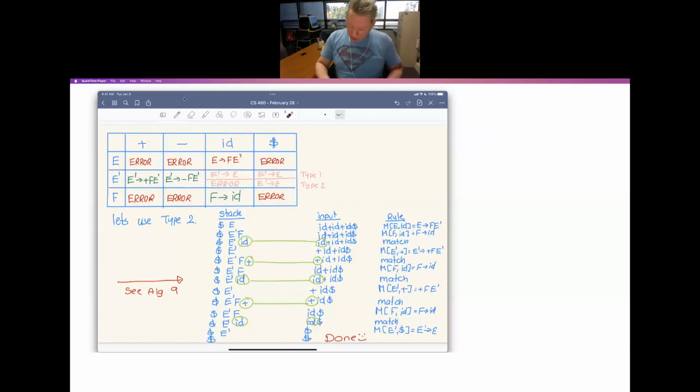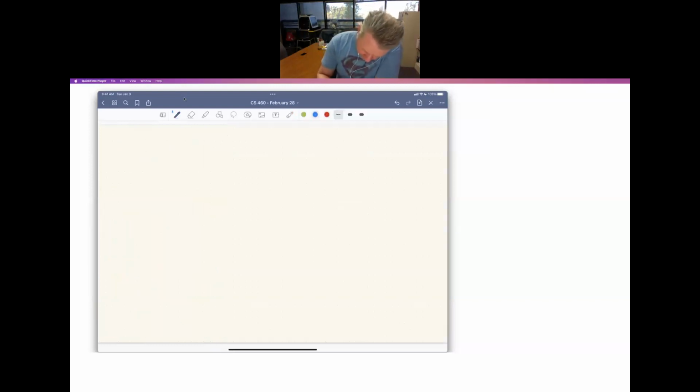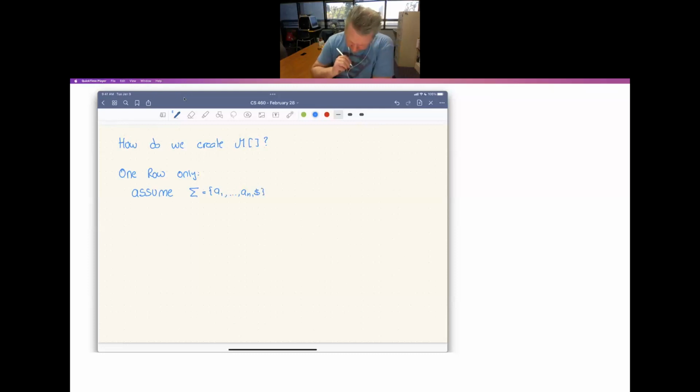Right. So how do we fill this stuff in? Well, let's do one row only, and let's assume that sigma is a1 dot dot dot up to an and dollar.